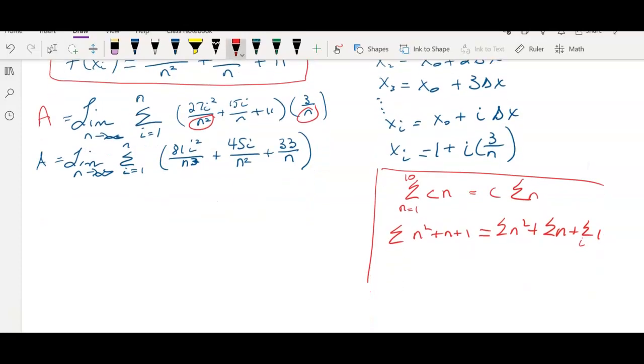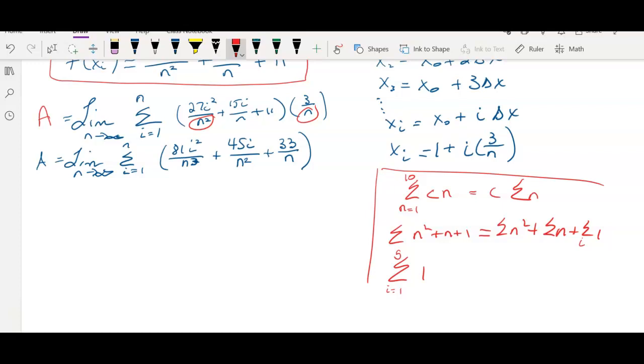Let's talk about the summation of 1. What's the summation of 1? Let's do the summation of 1 for i equals 1 to 5. What do you think it is? I know there's no i in the problem, and that doesn't matter.